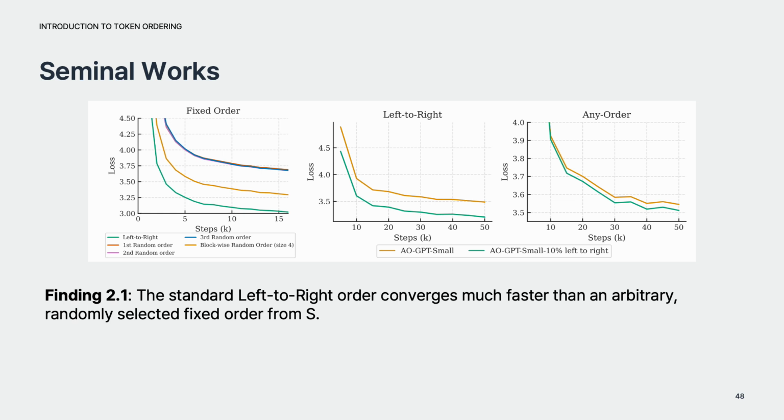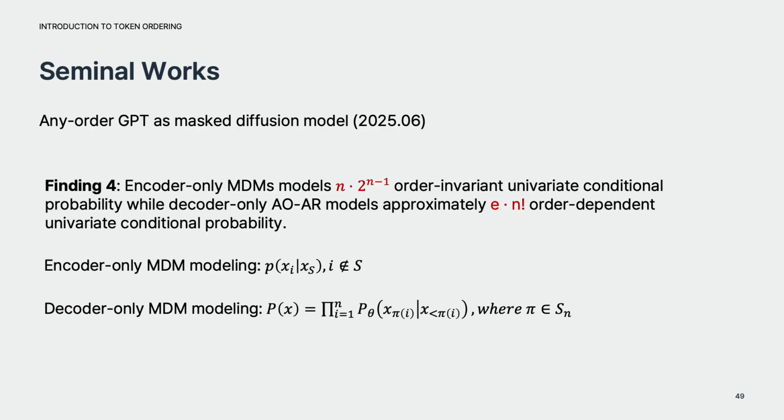In my personal opinion, depending on the task, such as coding or math, there could exist different optimal token orderings. The last finding I would like to introduce is that encoder-only MDMs model n times 2 to the power of n minus 1 order-invariant univariate conditional probabilities, while decoder-only any-order AR models approximately e times n factorial order-dependent univariate conditional probabilities.